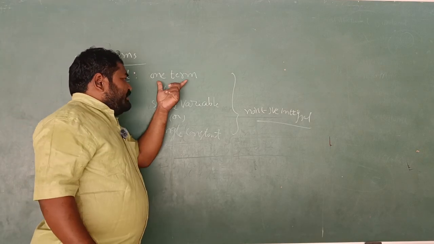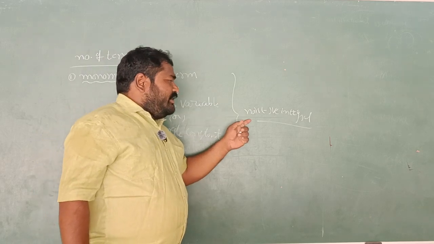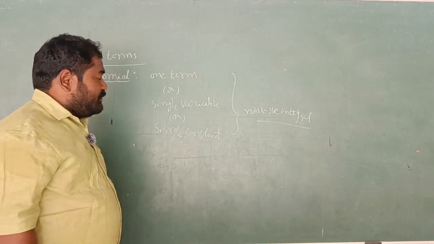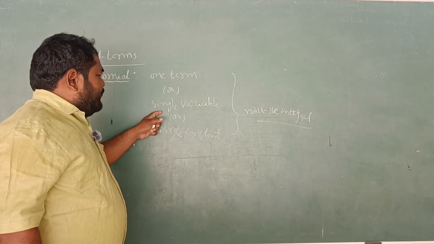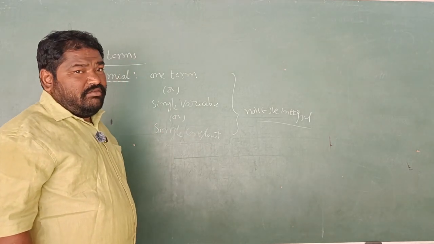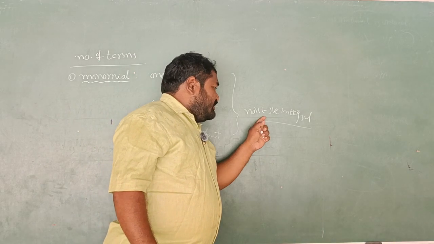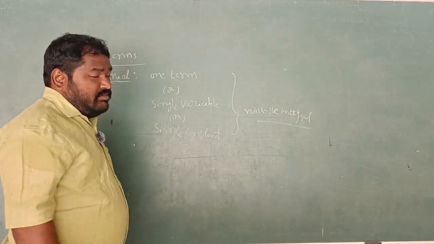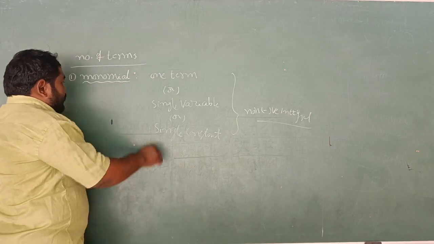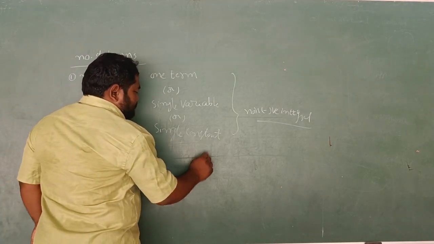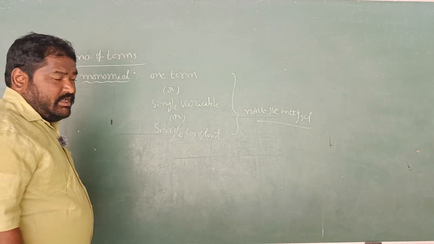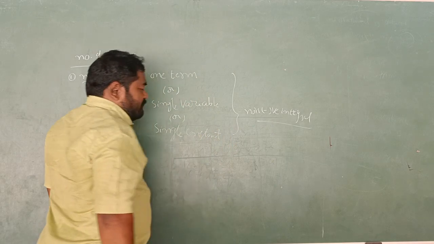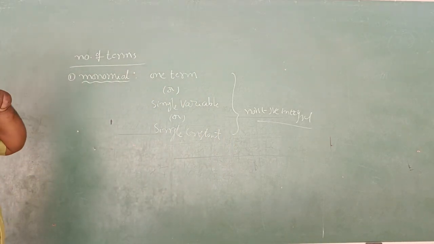If a polynomial contains a single variable, but the variable has non-negative integral power, it is called a monomial. Third definition: if a polynomial contains a single constant, it is called a monomial.